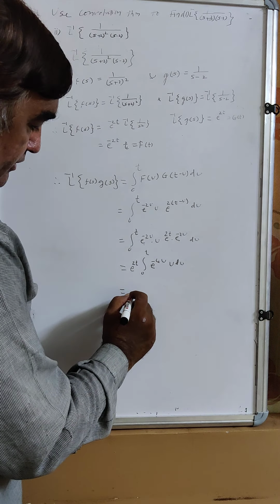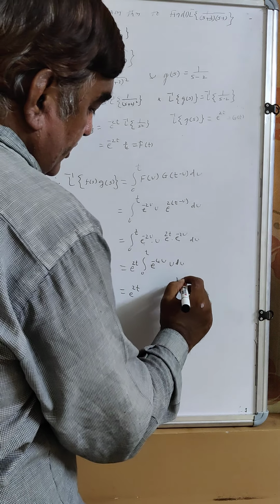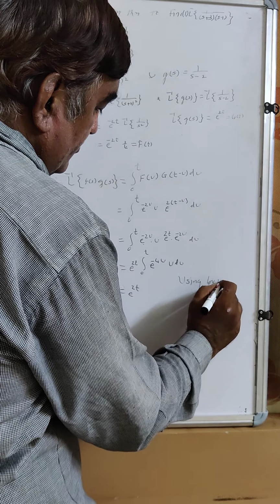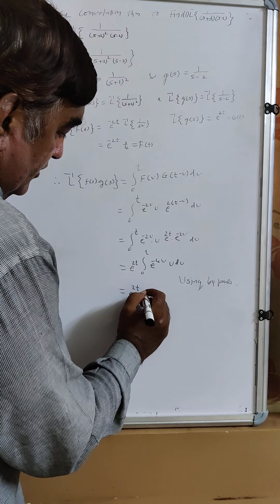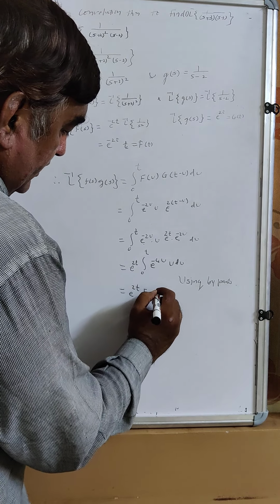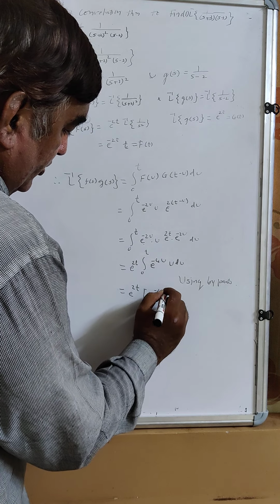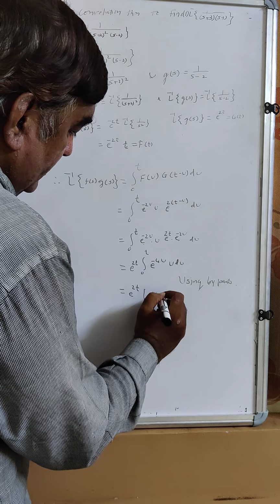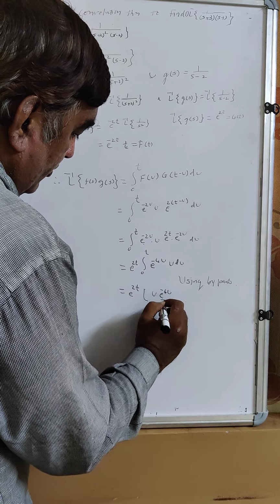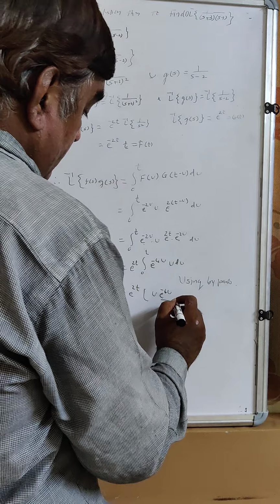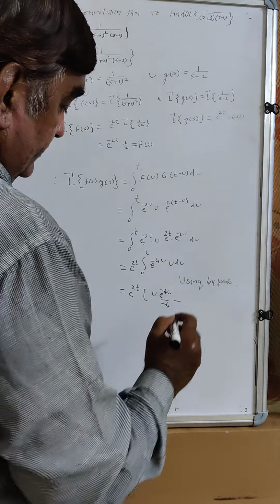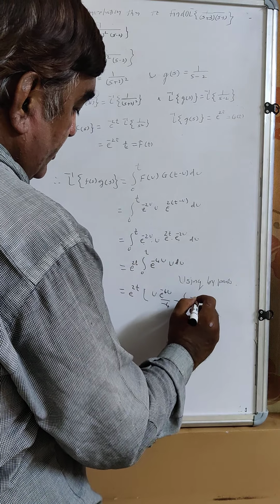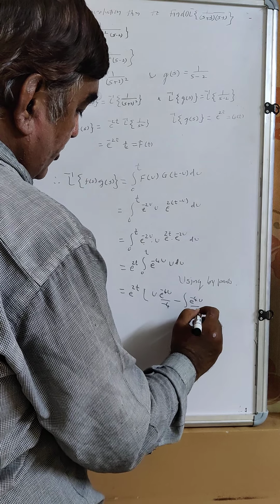Using integration by parts, u into e raised to minus 4u, minus integration of derivative of u, which is 1, into integration of e raised to minus 4u, which is e raised to minus 4u upon minus 4.